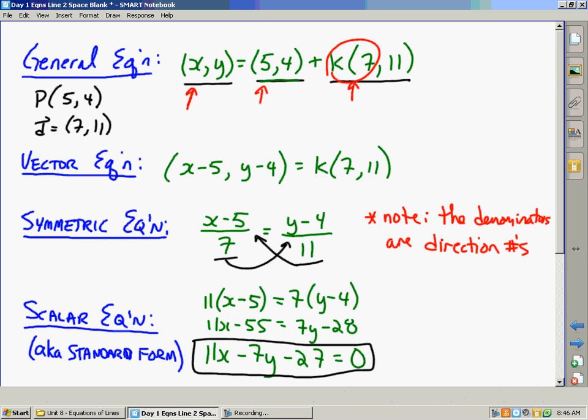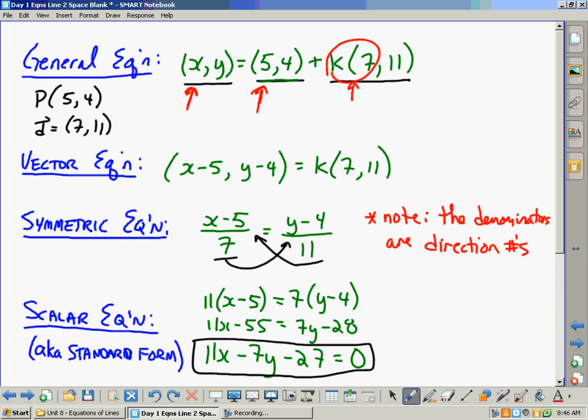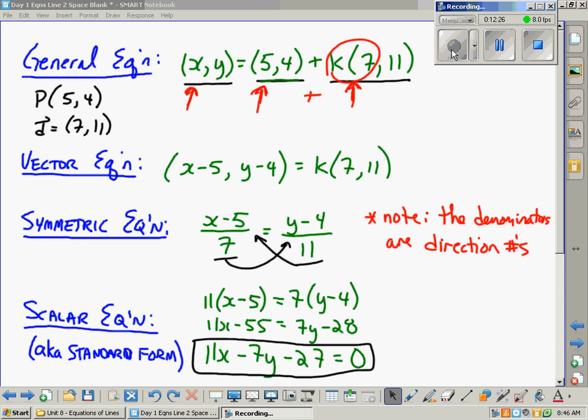So the x coordinate is 5 plus 7k. So can someone tell me what the y coordinate of the parametric would be? y equals 4 plus 11k. That's right.